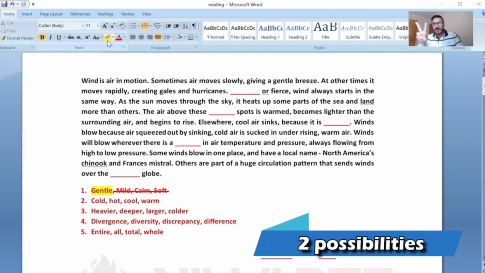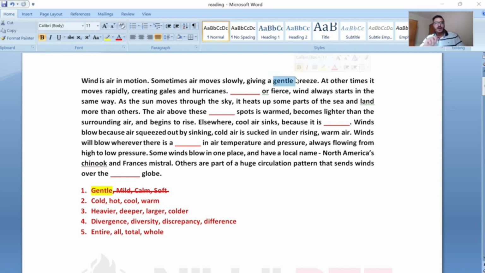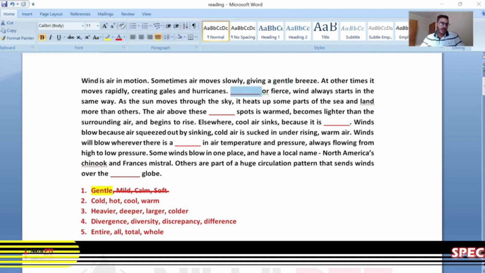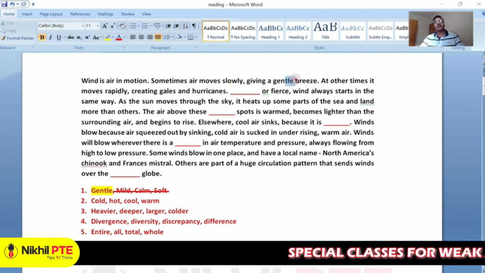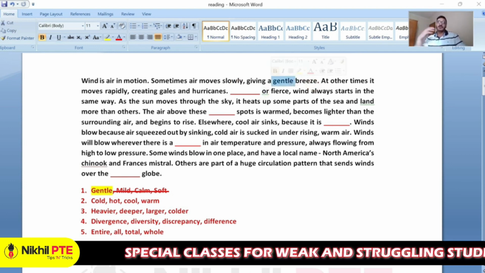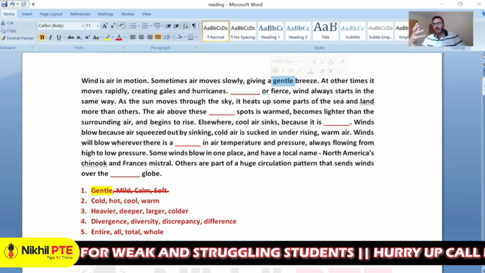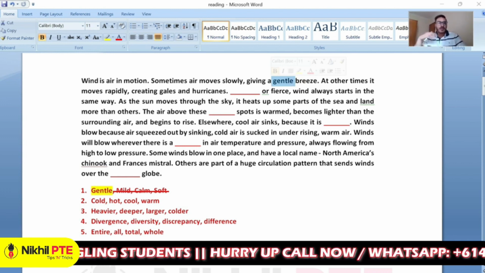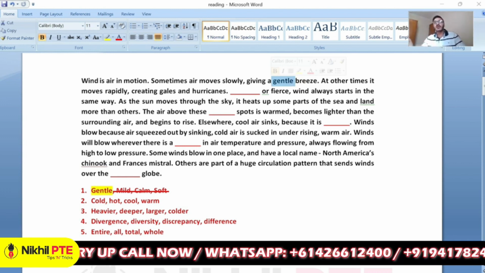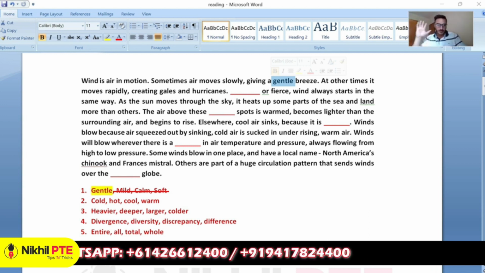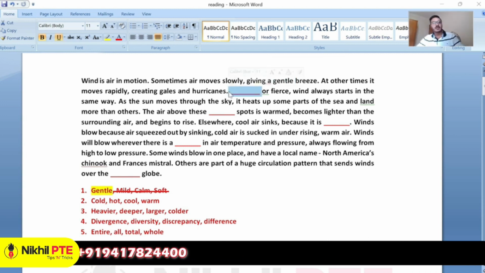Because there are two possibilities. First, I found this word in the first line, and second, fierce is the opposite. What is the opposite of fierce? That is gentle. So I am getting my answer in the question as well. If the word gentle is used in the first line, obviously it may be used in the second or other lines. So the first answer will be the first option, gentle.